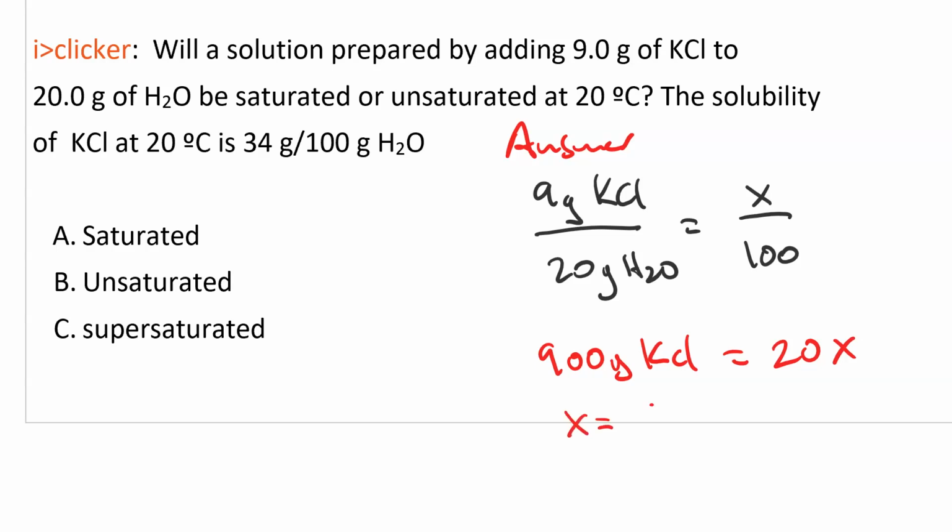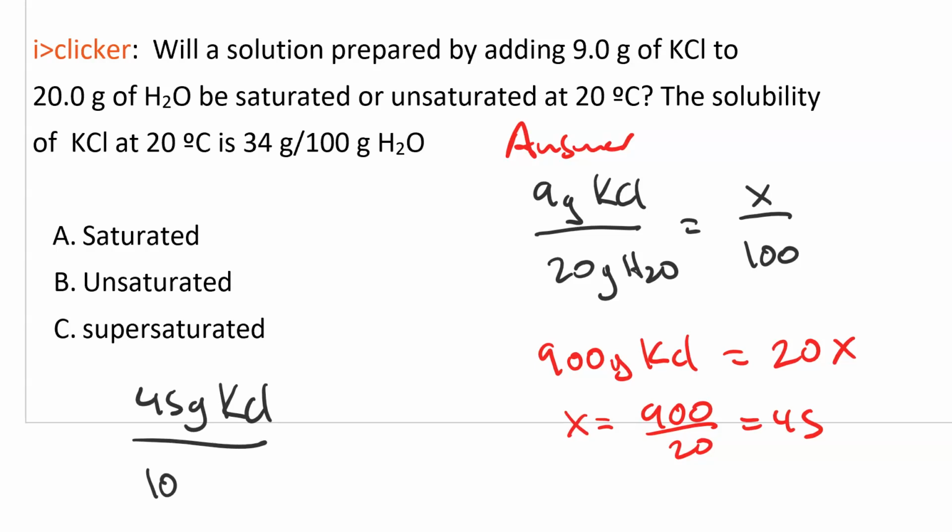And so x equals 900 over 20, which equals 45, I think. Let me double check my math. Right, so our solution then contains 45 grams of KCl in 100 grams of water. And we compare that with the solubility, which is 34 grams of KCl in 100 grams of water.